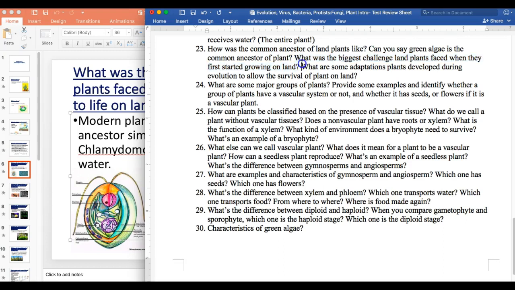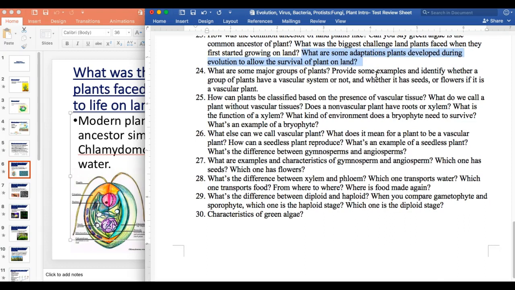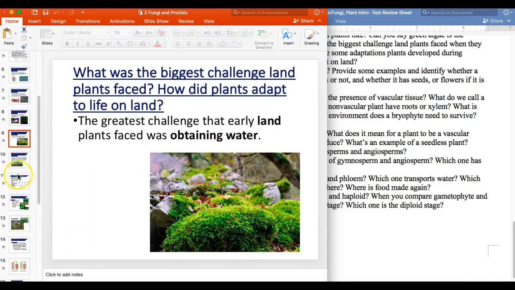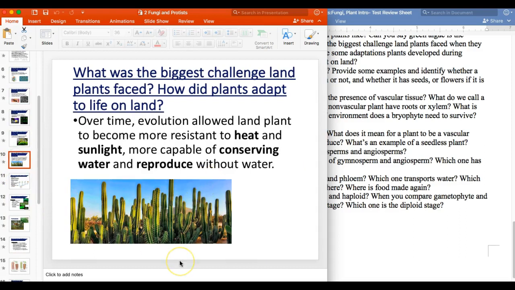What was the biggest challenge land plants faced when they first started growing on land? It will be water. What are some adaptations plants developed during evolution to allow survival on land? If a plant has trouble getting water, the first thing you can think of is a cactus. A cactus can resist heat and sunlight, because heat and sunlight make it easier for a plant to lose water through evaporation.